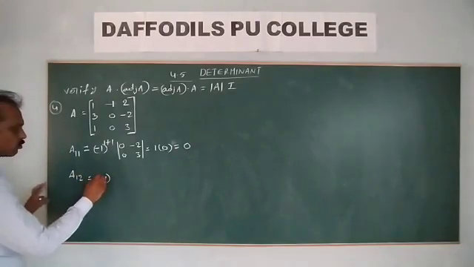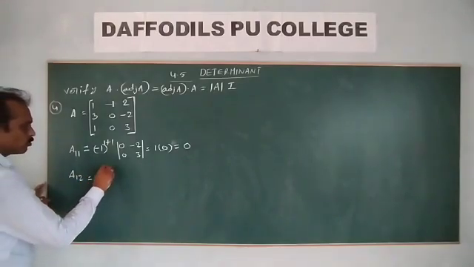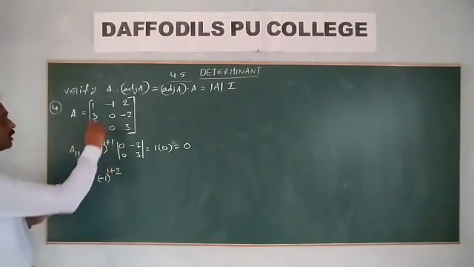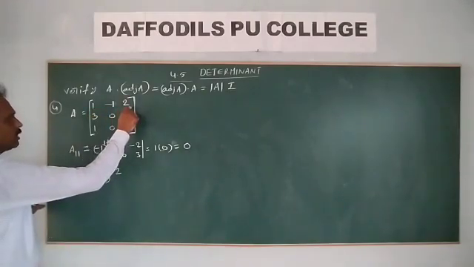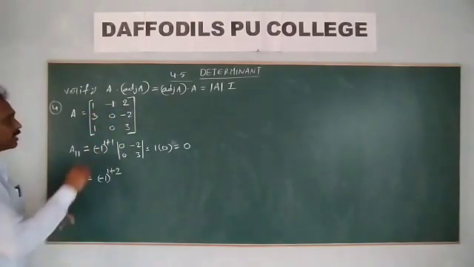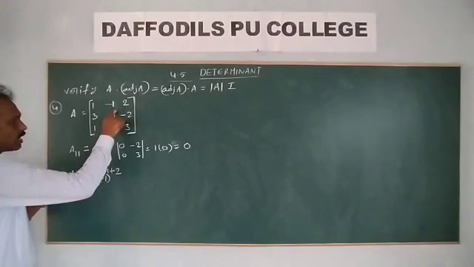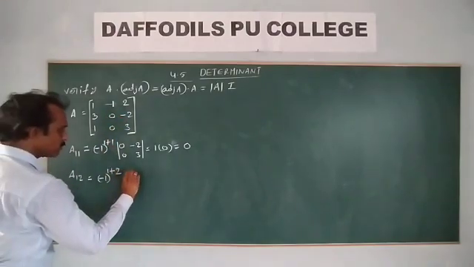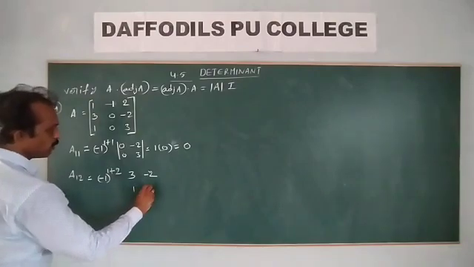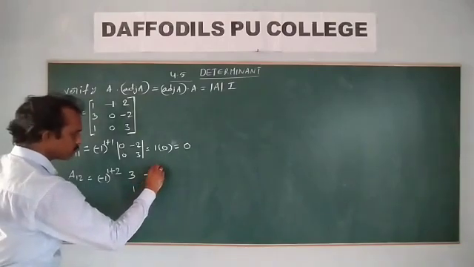Next up, A12 is minus 1 to the power of 1 plus 2, into its minor. Deleting this row and this column, the remaining elements are 3 minus 2, 1 3.